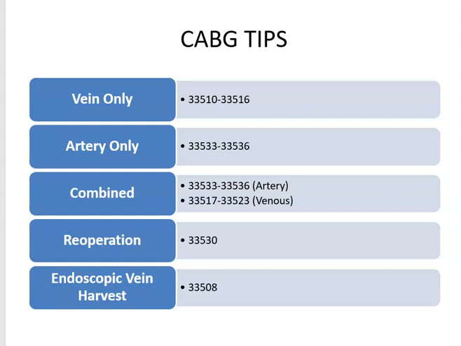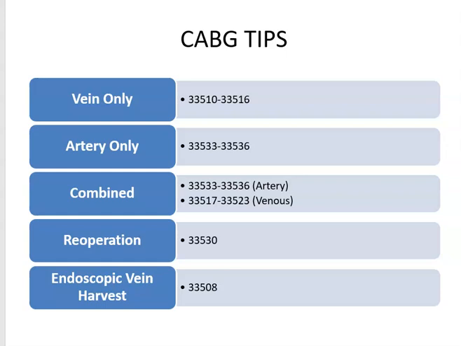If the bypass was done using a vein graft, you're going to be looking at codes 33510 to 33516. Those are on page 231 in your CPT manual. You'll notice that they're numbered based upon the number of venous grafts that were used.